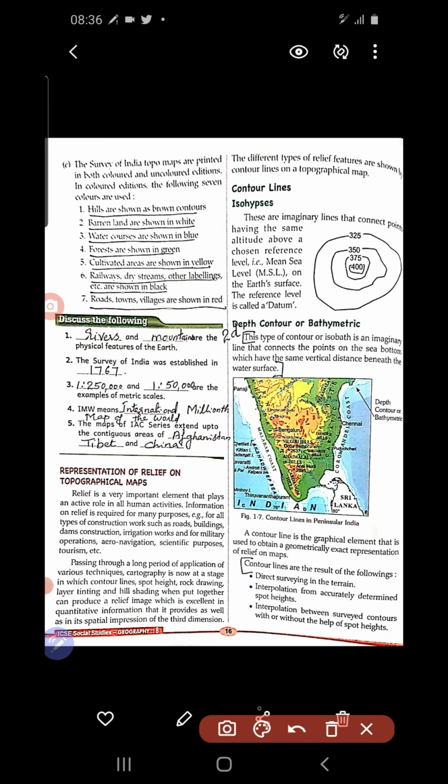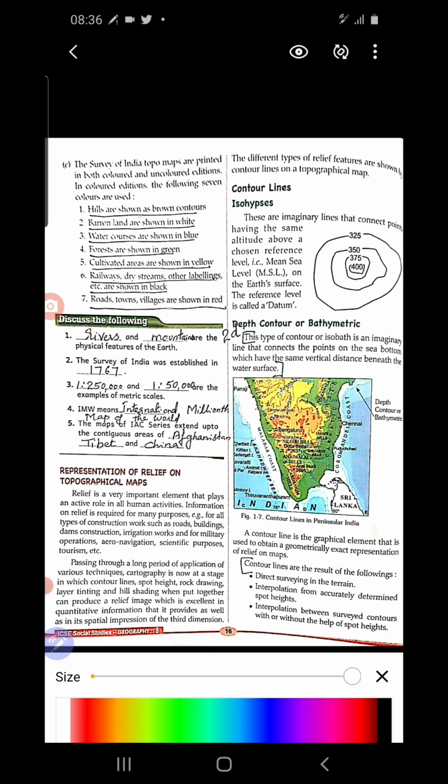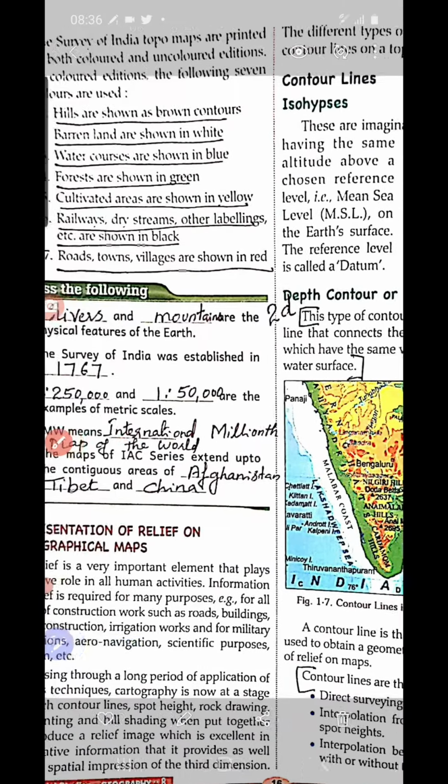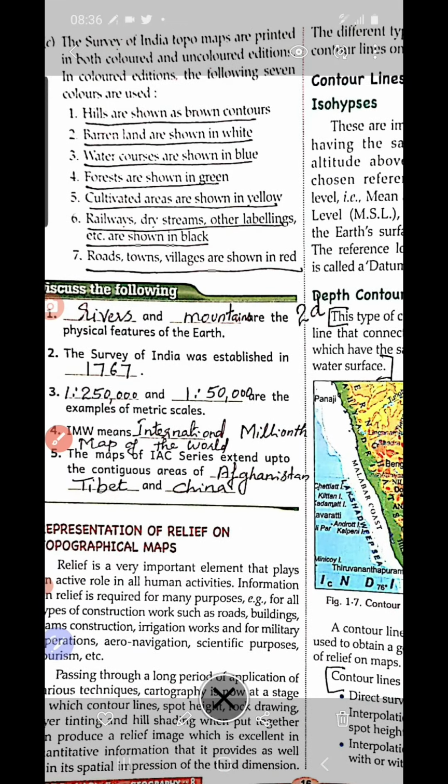For hills, brown contours. Then for barren lands, white color. Wherever the barren white colors are there, you understand that region is not good for agriculture. The region which is not good for agriculture, there white colors are used.